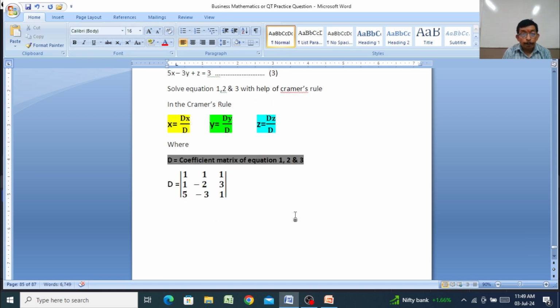The value of d, according to the first row. This is the 3 by 3 determinant, and the value of the determinant can be found by expanding according to any row or column. Now we expand the determinant according to the first row. Then d is equal to the first element of first row, 1, and its corresponding cofactor is C11.